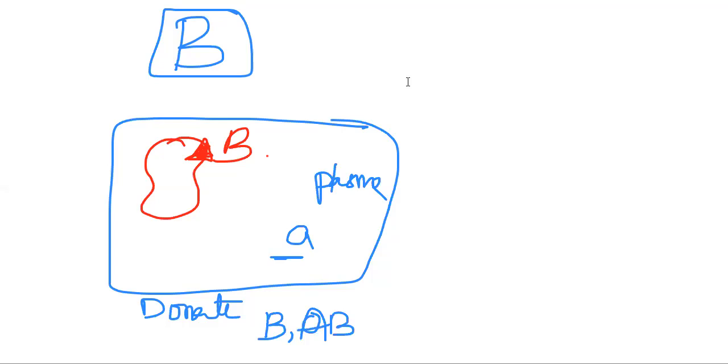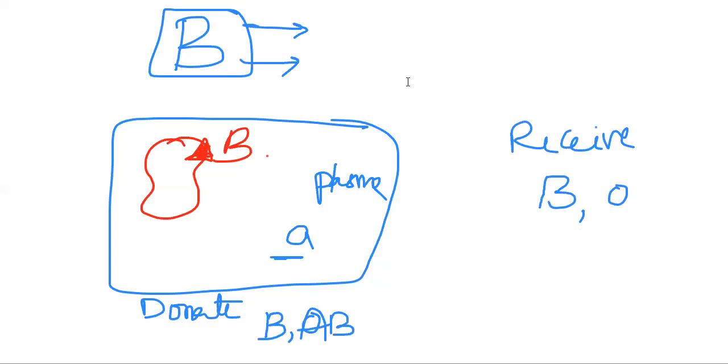Okay, B can receive blood from B and O. O is the universal donor, that's why it can receive blood from O. Next, B is dominant over O and B is codominant with A. That means in the inheritance pattern, B is dominant over O, B is codominant with A. Next, about the AB blood group.